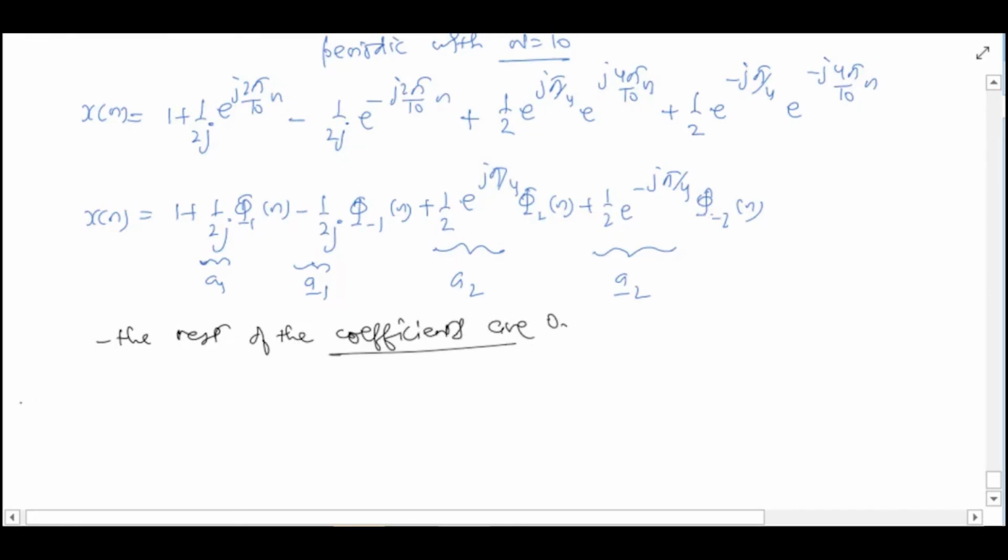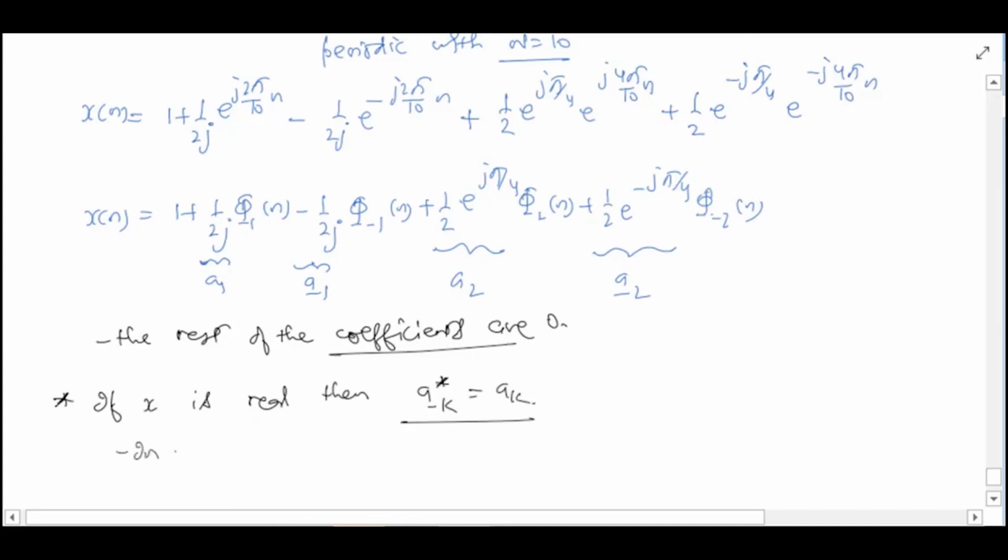Now before we go ahead, let us see the following property of Fourier series for discrete time signals. This is analogous to a similar property for the continuous case. The property says that if x is real, then a star minus k is a_k.